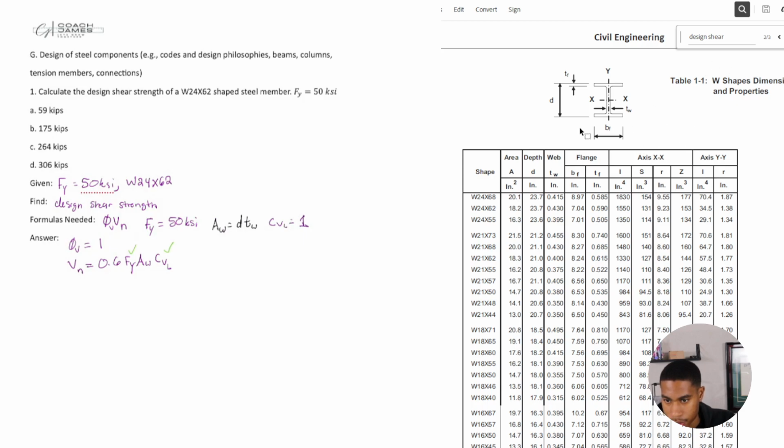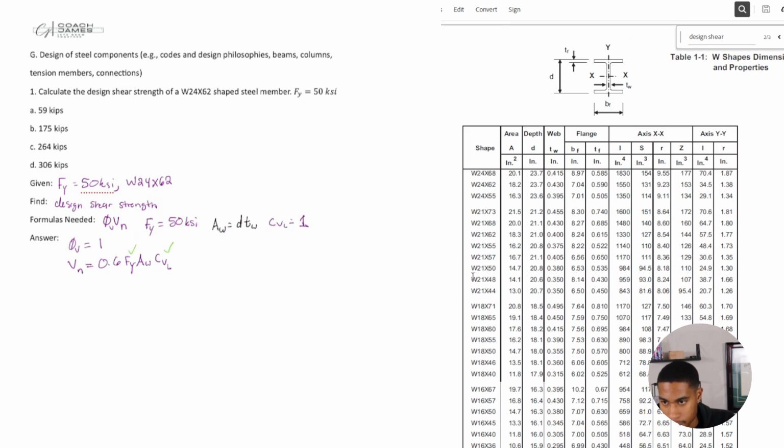In your FE Handbook, there's a chart that has different sizes of I-shapes for your steel members.